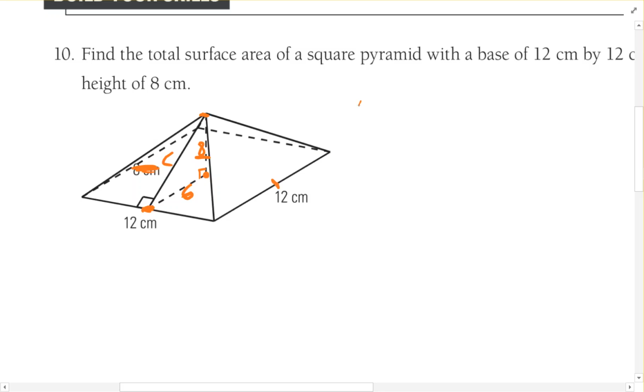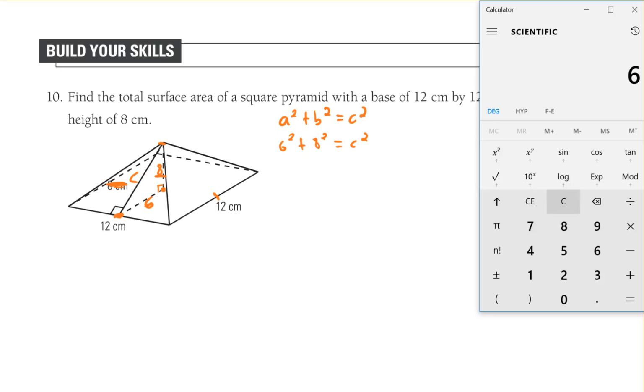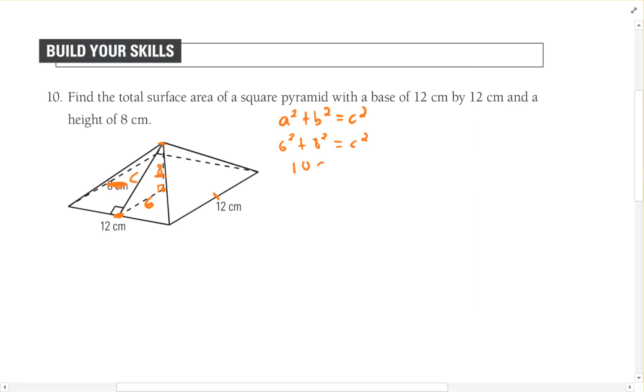So I'm going to go lowercase a squared plus b squared is equal to c squared for Pythagorean theorem. It doesn't matter if you call it 6a or 8a, but I'll go 6 squared plus 8 squared is equal to c squared. Okay, so now we're just going to go 6 squared plus 8 squared is equal to, so this is 100, right?